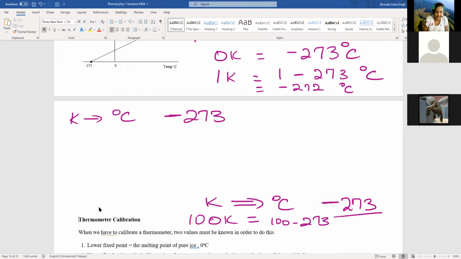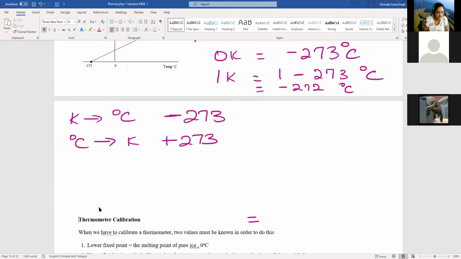And on the flip side, to go from degrees Celsius to Kelvin, we will add 273. So all we're doing is just adding a number. So let's go through and give a try here and see what we can get. All we're doing is just subtracting a number and adding a number. So suppose my temperature in degrees Celsius was 0 Celsius. What is my temperature in Kelvin going to be?